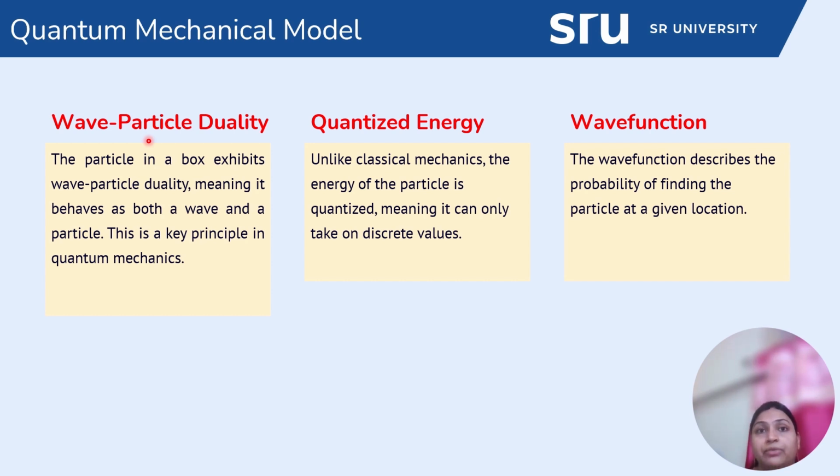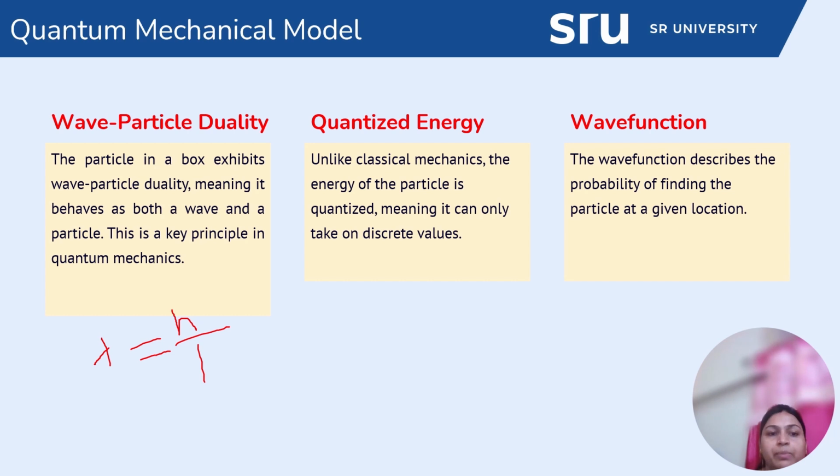And in 1924 de Broglie proposed that matter particles like electrons also have wave-like properties, and we have discussed the details of the de Broglie wavelength in the first and second parts of this lecture. We know the de Broglie wavelength lambda is equal to h divided by p.